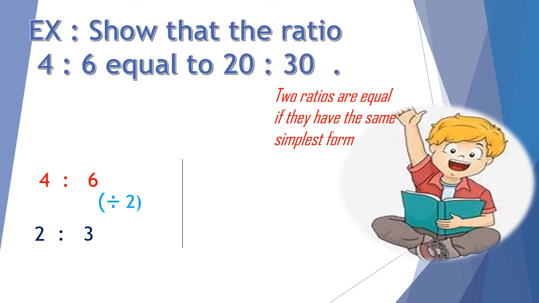And now write the second ratio, 20 to 30, in simplest form by dividing both sides by 10. It equals 2 to 3. Note that the ratios are equal.